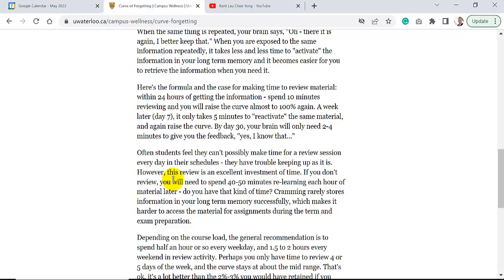If you don't review, you will need to spend 40 to 50 minutes relearning each hour of material later. Do you have that kind of time? Cramming rarely stores information in your long-term memory successfully, which makes it harder to access the material for assignments during the term and exam preparation.